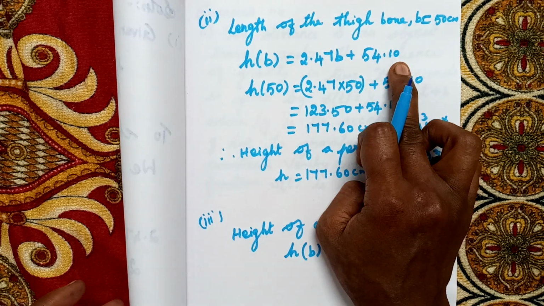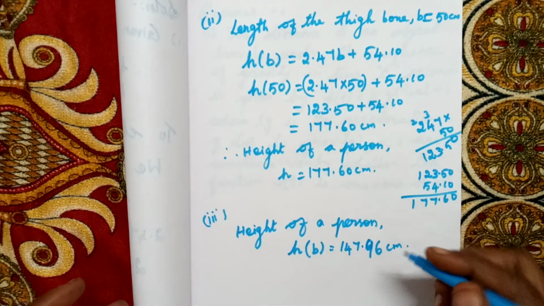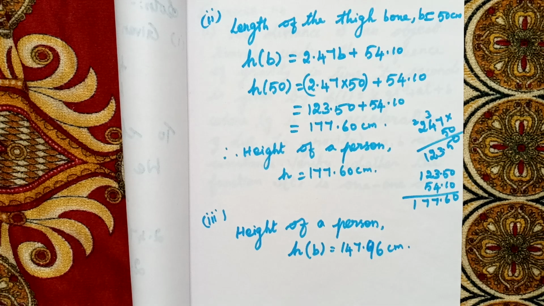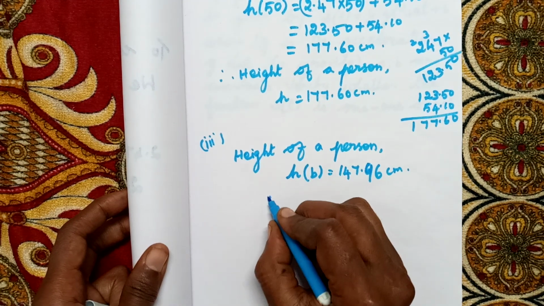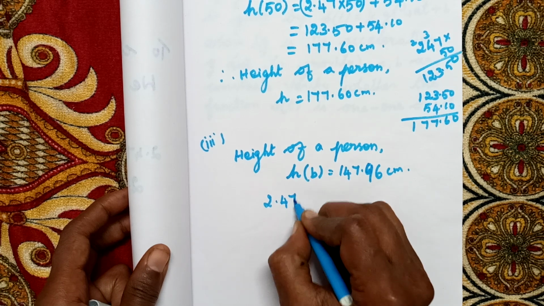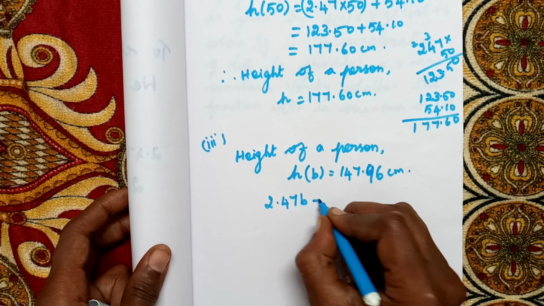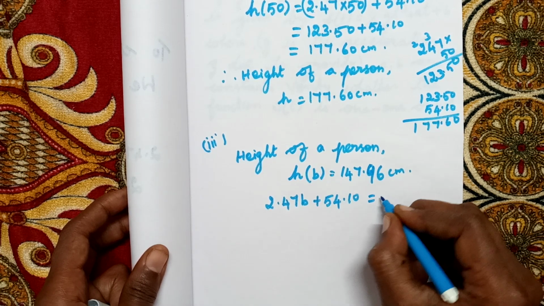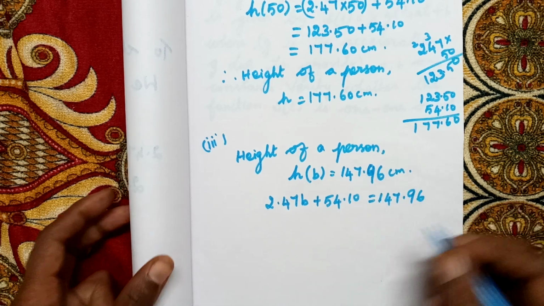Now already the function is h of b is equal to 2.47b plus 54.10. Here in place of h of b we have to substitute 147.96 centimeter. So 2.47b plus 54.10 is equal to 147.96.